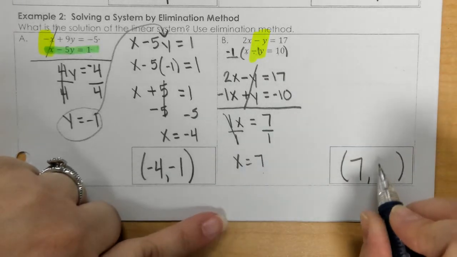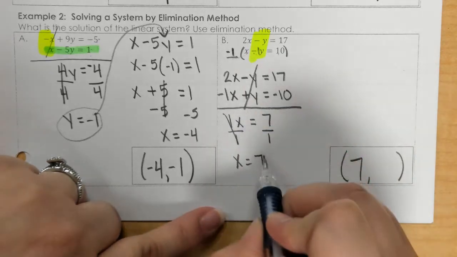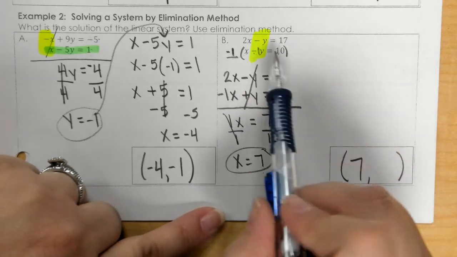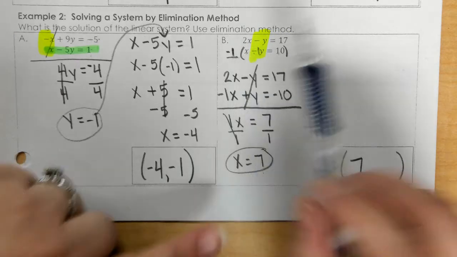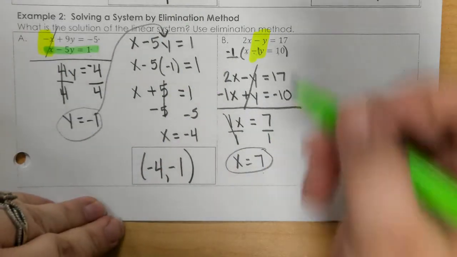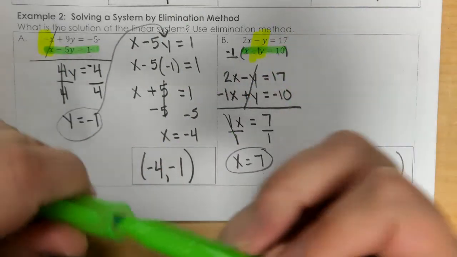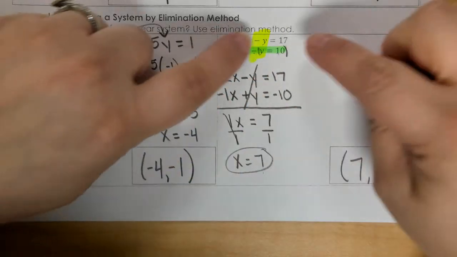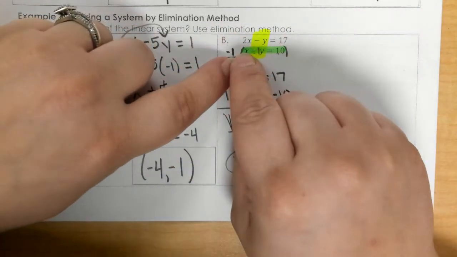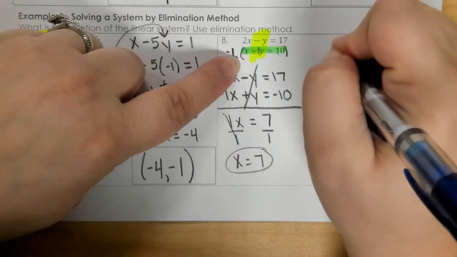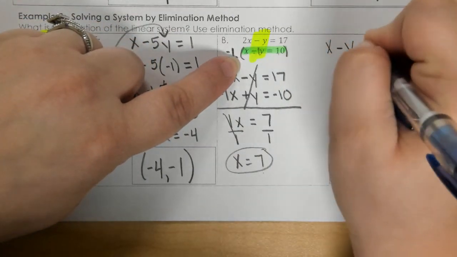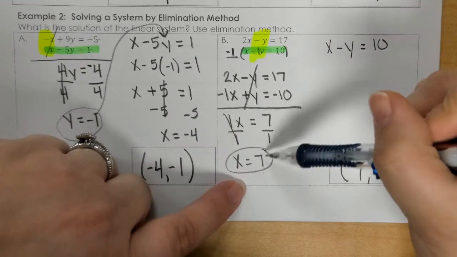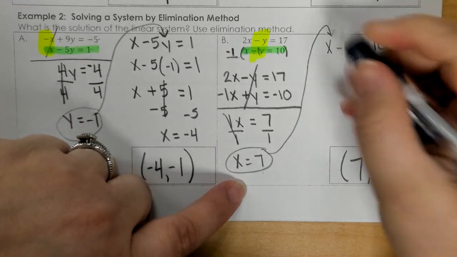So you can see I need to find my y. And so I'm going to take x equals 7, and I want to plug it into one of these equations. And for this example, I'm going to use the bottom original equation. We can't use the new ones. We have to use one of these up here. So I'm going to go x minus y equals 10, where 7 is my x.